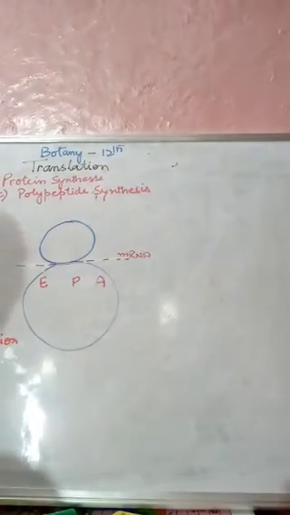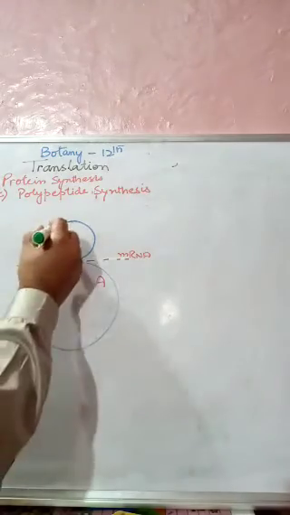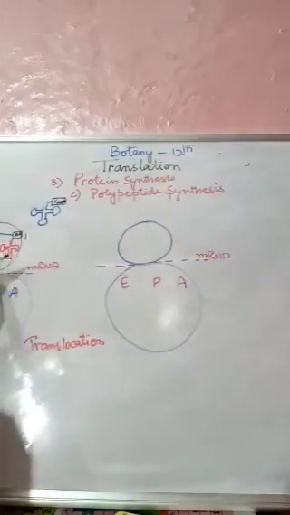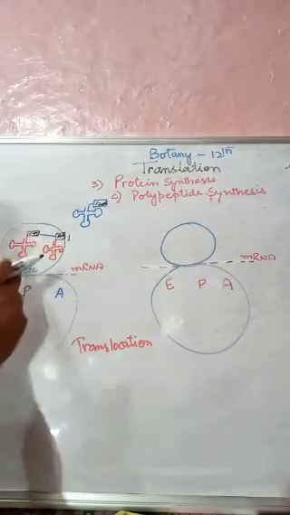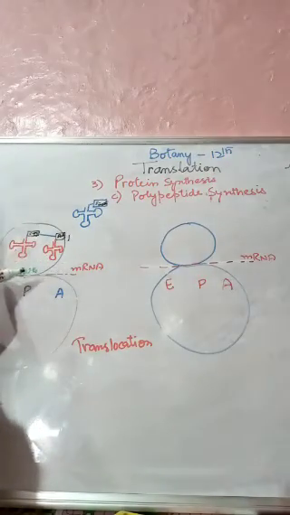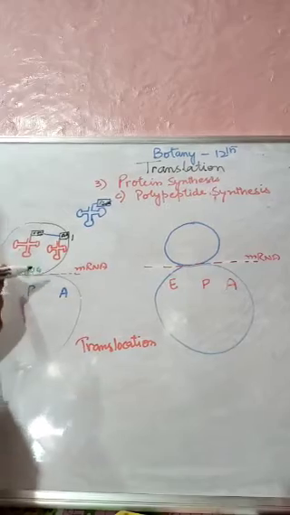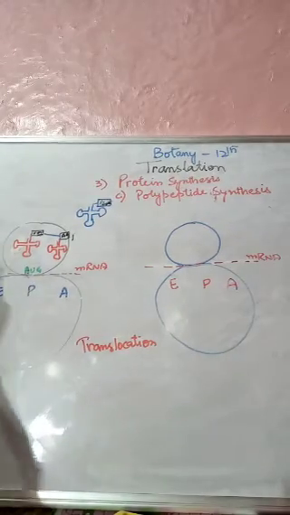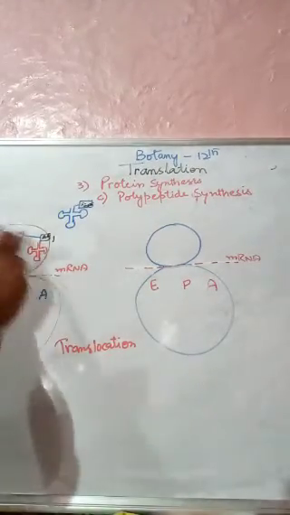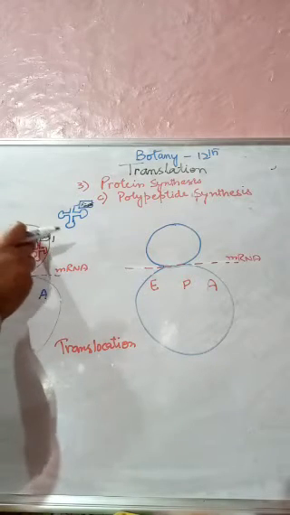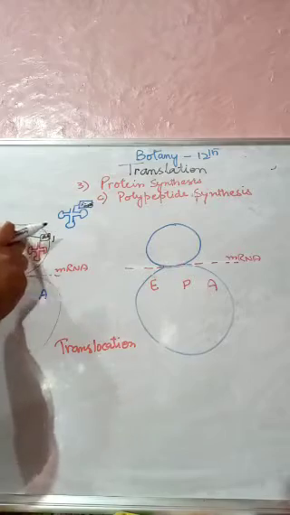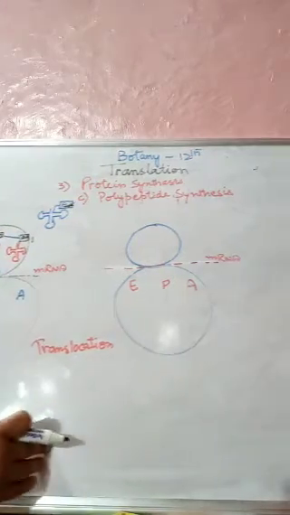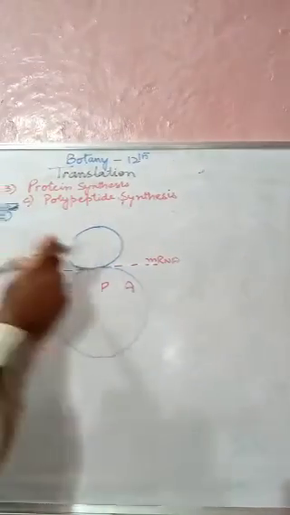This is the tRNA. When the ribosome has slid, this tRNA has come to the E side, from where it has to exit. It exits. Before this exit, it forms the peptide bond with this F-Met, with this amino acid first. Now this comes here.